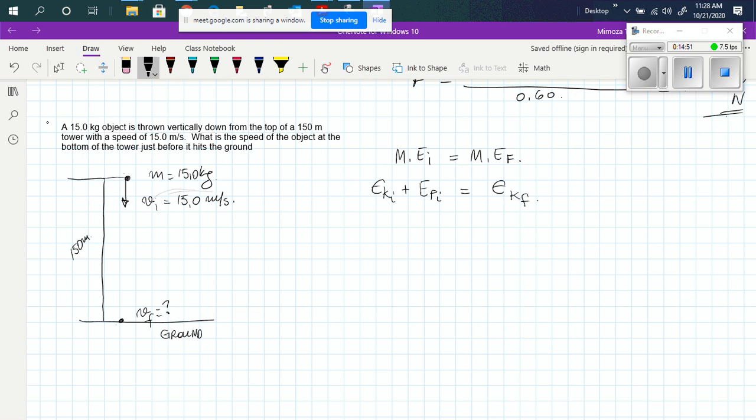So the formula will be 1/2 mv initial squared plus mg height initial is equal to 1/2 mv final squared. We know everything but v final, but guess what? Mass can even cancel out. You can see it is the same, it is a scalar, it is not zero.